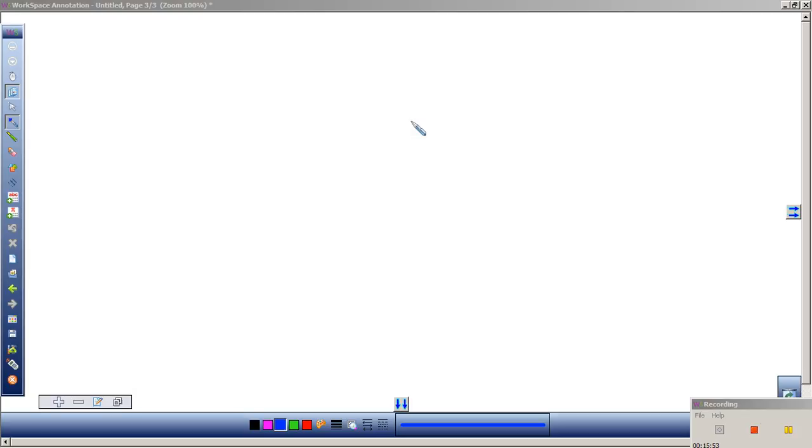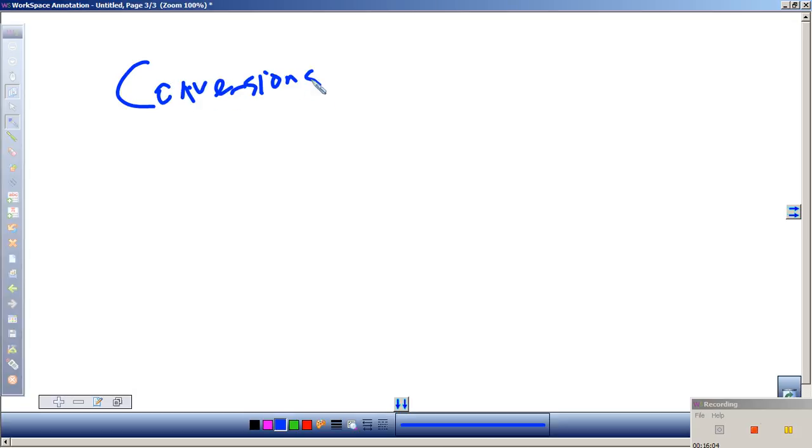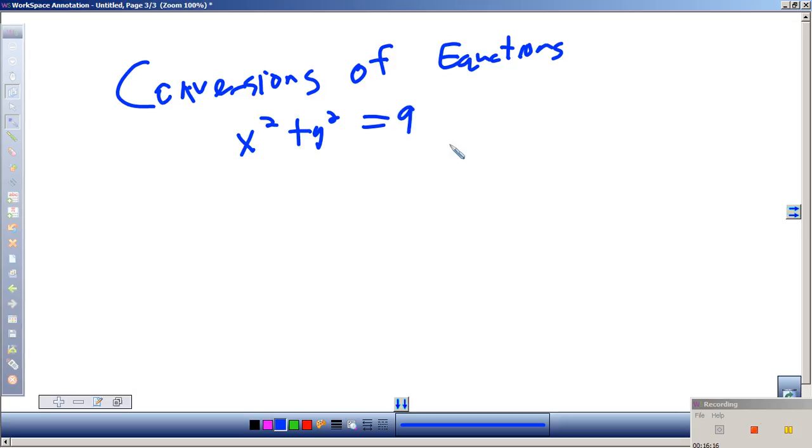So 9.3 was conversion, meaning converting equations from conversions of equations. Like we did x squared plus y squared equals 9. Write it in polar form. Or maybe theta equals pi thirds into rectangular form.